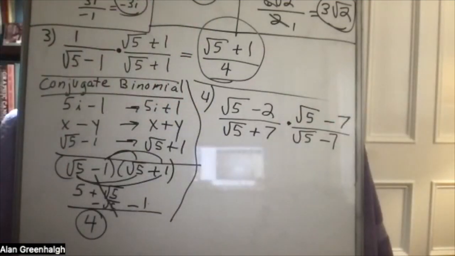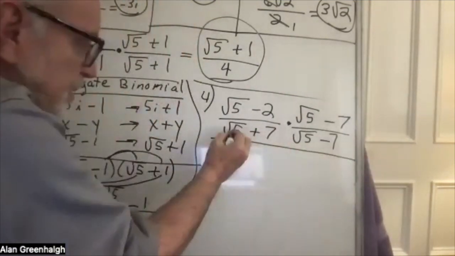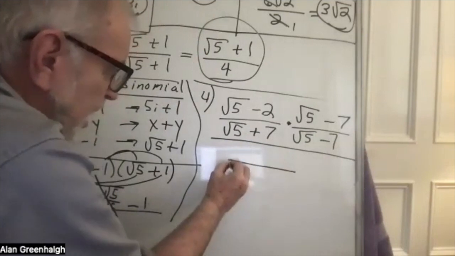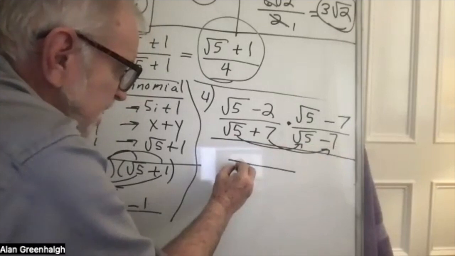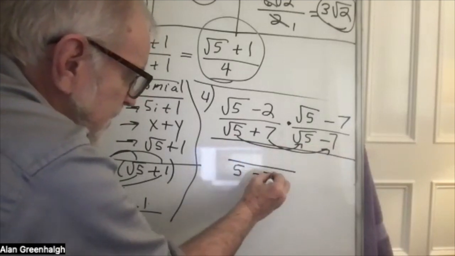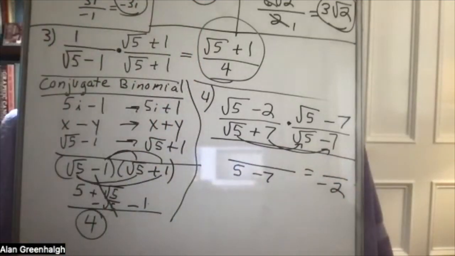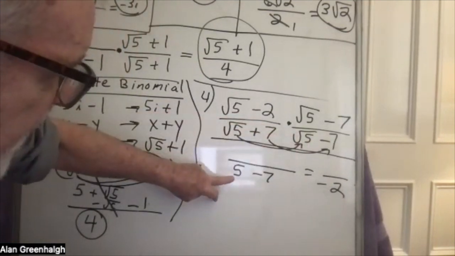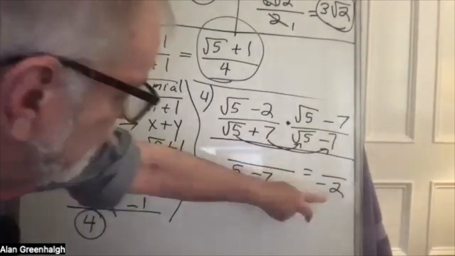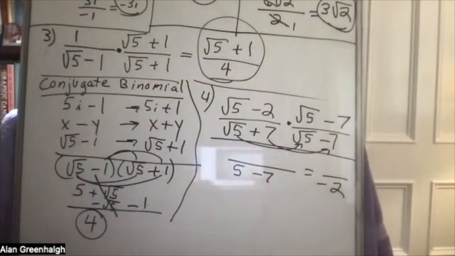Even though the denominator is going to look pretty easy, because it's just this times this and this times this, that's 5 minus 7 is negative 2. That's the easy part. Right? The square root of 5 times the square root of 5 is 5, and 5 minus 7 is negative 2, right? That works out. And the middle terms just drop out, but I made a mistake here, didn't I?